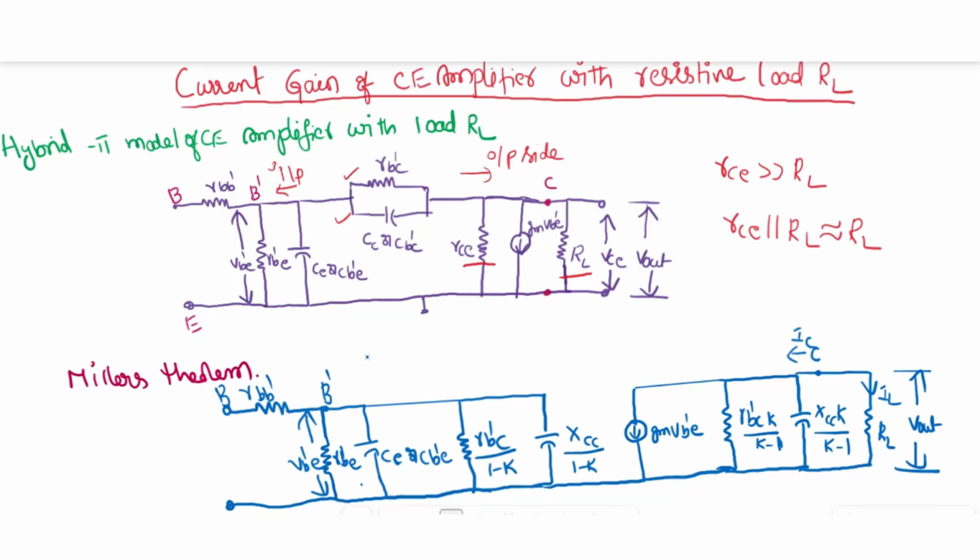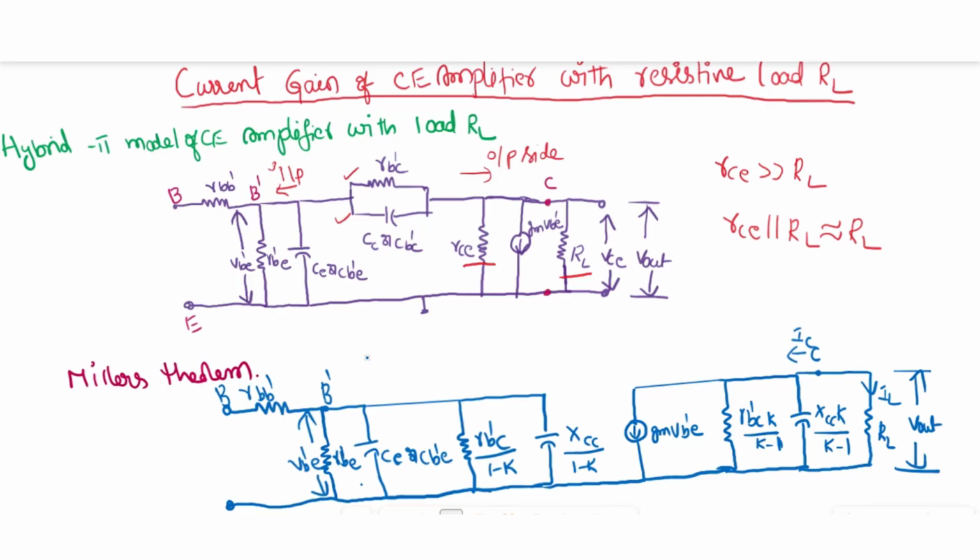This is the circuit after the application of Miller's theorem for the two components Rb'c and Cb'c. Take Rb'c first. With the help of Miller's theorem, we divide Rb'c into two parts: the input side part is Rb'c by 1 minus K, and the output side part is Rb'c into K by K minus 1. What is K here? K is nothing but the amplifier gain.